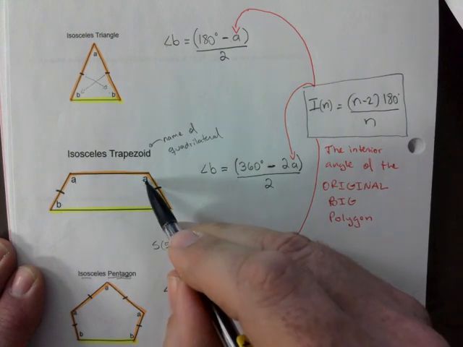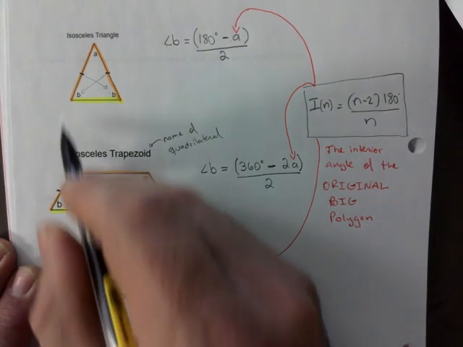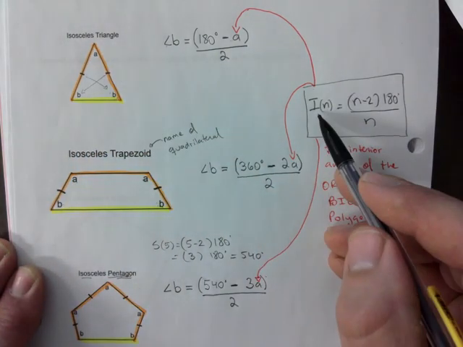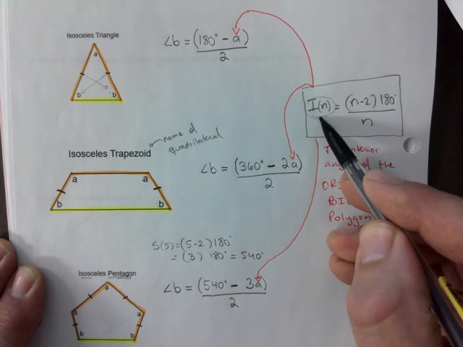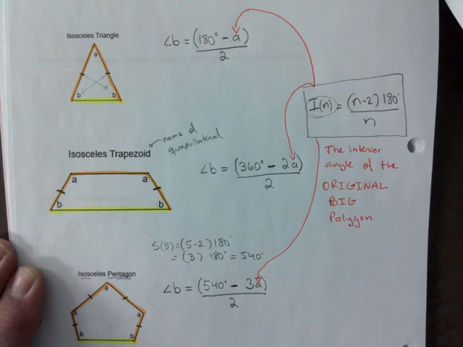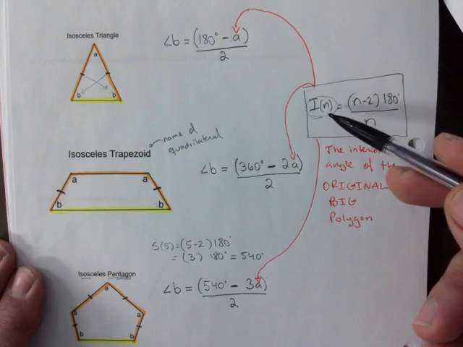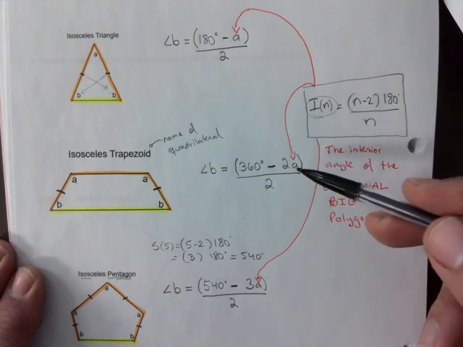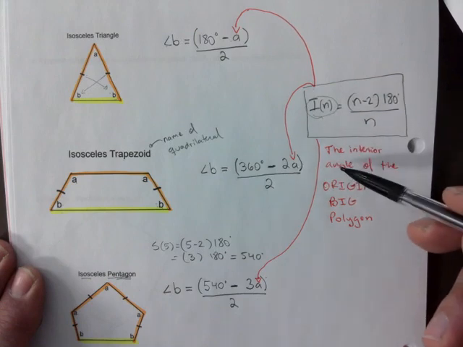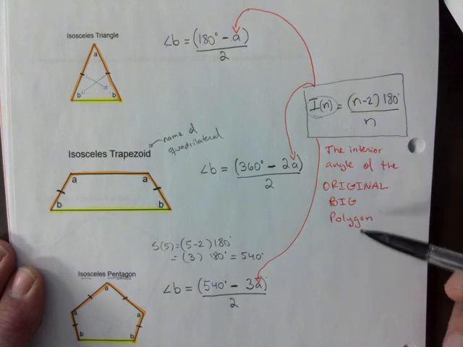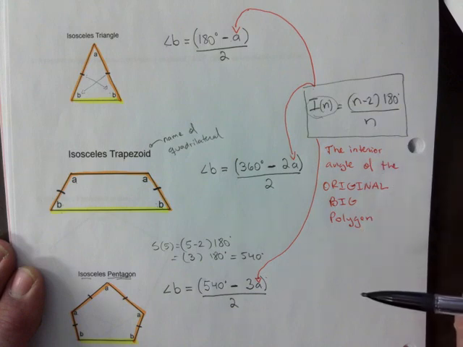Just say these are all capital I's. The A represents capital I, the interior angle of that big polygon. That's what that represents. So that's why I added that here, nice and big so you would see it. So maybe don't fixate on A, fixate on the fact that it's the interior angle of the original big polygon, right? That's what that is.